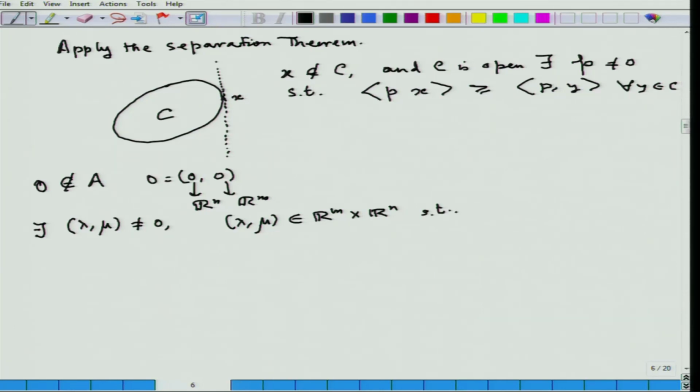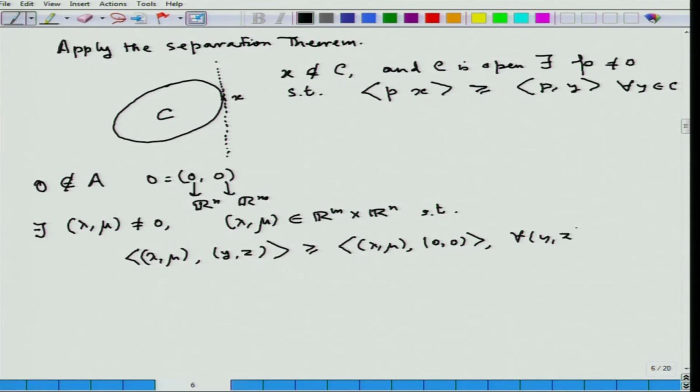such that (lambda, mu) times (y, z) is bigger than or equal to (lambda, mu) times (0, 0) for all (y, z) in A, or (x, z). What did I show?